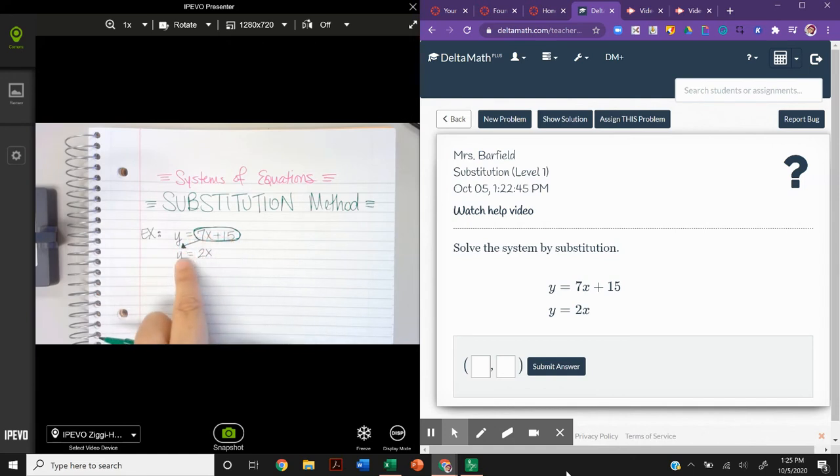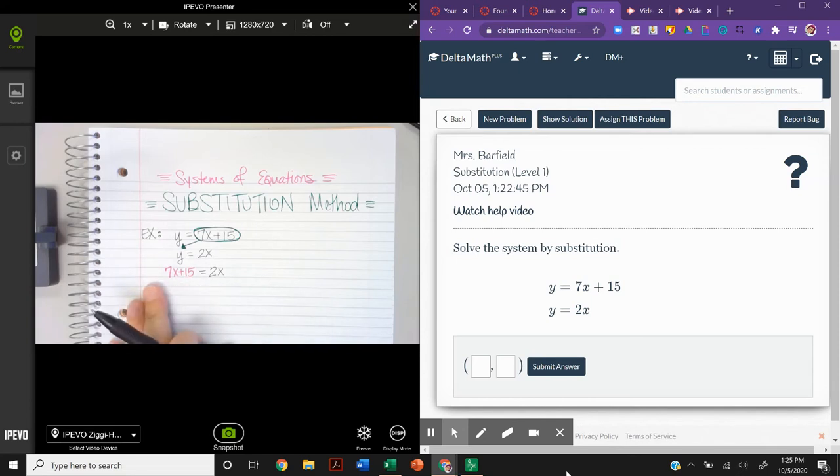So I'm going to substitute it in, and instead of y, I'm going to put 7x plus 15 equals 2x. So I took what was in green, and in my new equation, what I've written down in pink, instead of writing y equals, I wrote 7x plus 15 equals, and finished out what it equals.